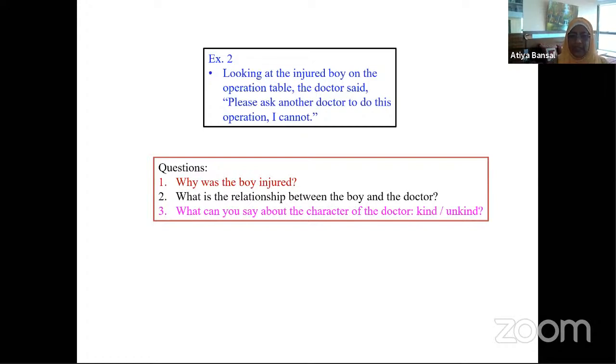Okay. So what is the relationship between the boy and the doctor? One answer is the doctor is the mother. What else?